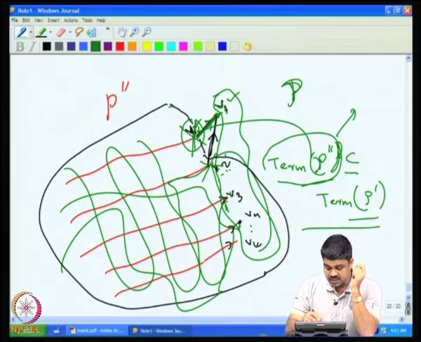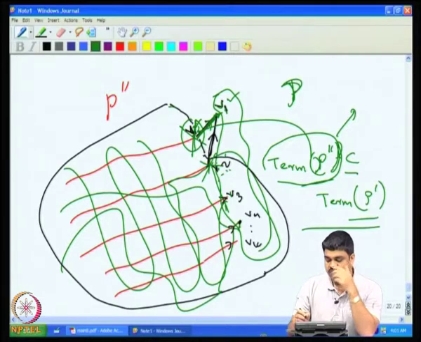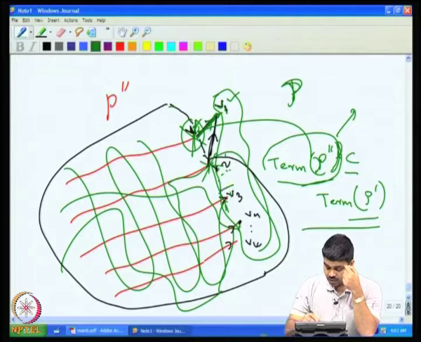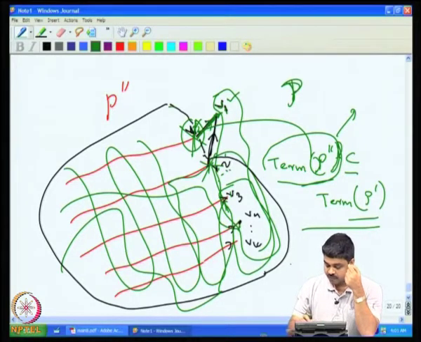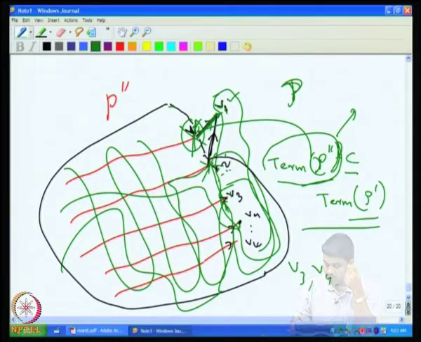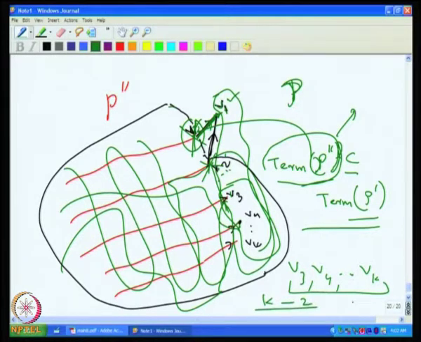Now V and V2 are not part of P double dash. Essentially the terminal set of P dash can only take from V3, V4 up to Vk, which means the cardinality of P double dash is only k minus 2 or less, because you see only at most k minus 2 terminal vertices there.